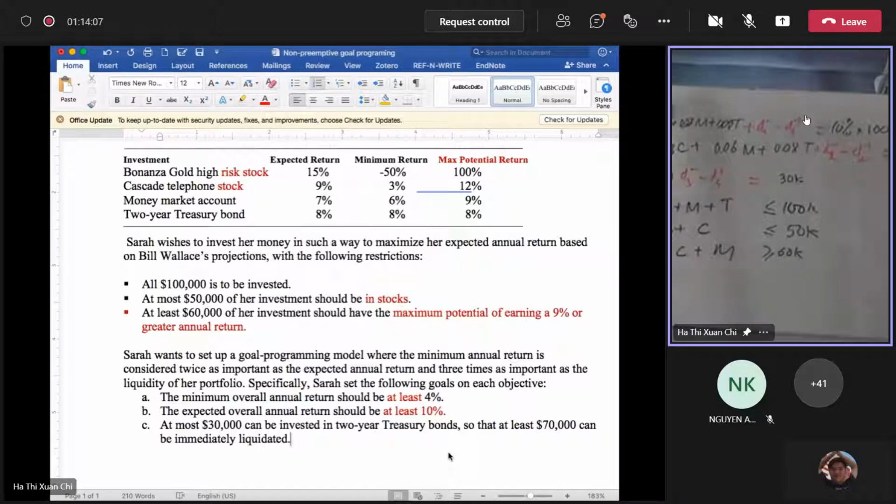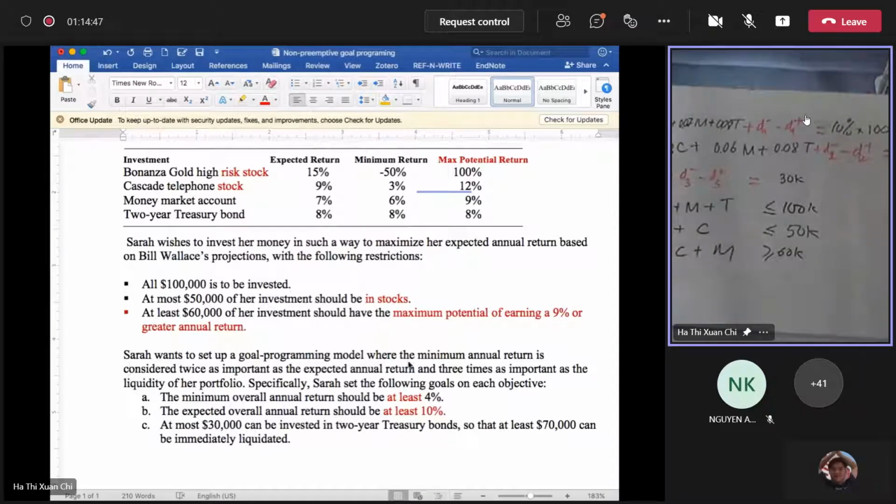So what is the minima here, everyone? Minima, what? Z will be equal. So this paragraph says, Sarah wants to set up a goal programming model where the minimum annual return is considered twice as important as the expected annual return and 3 times as important as the liquidity of her portfolio.